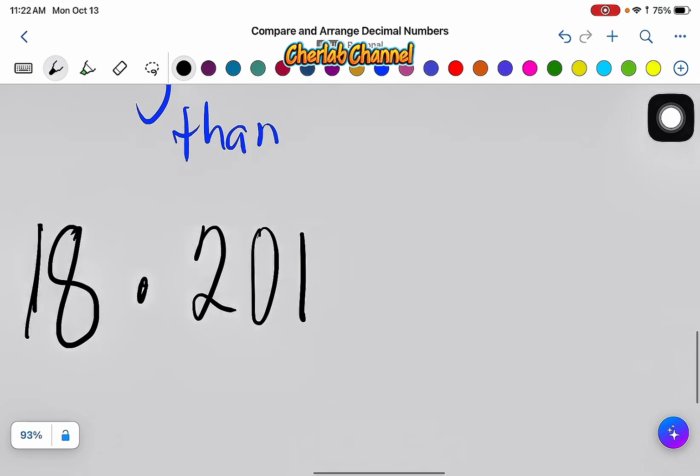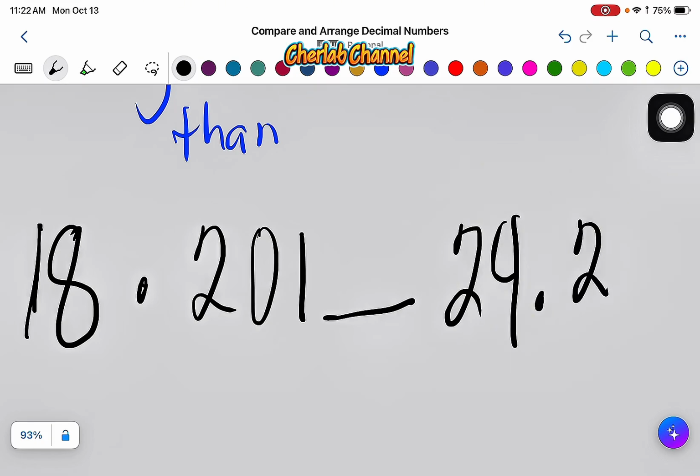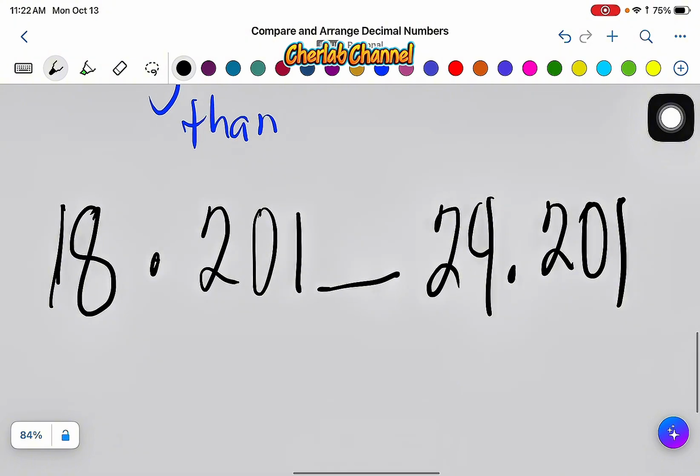Another example. Let's say we have 18.201 and 24.201. So, saan tayo magbabase? Sa unang number pa din. 1, dito sa kabila, 2. From there, we can already conclude kung sino ang mas mataas. Is it 1 or 2? The answer is 2.